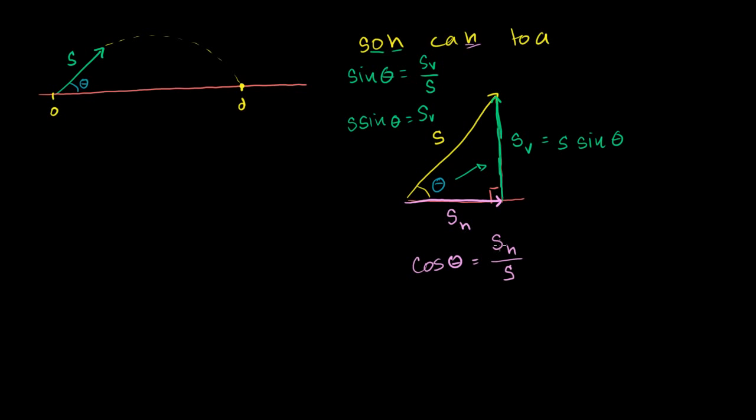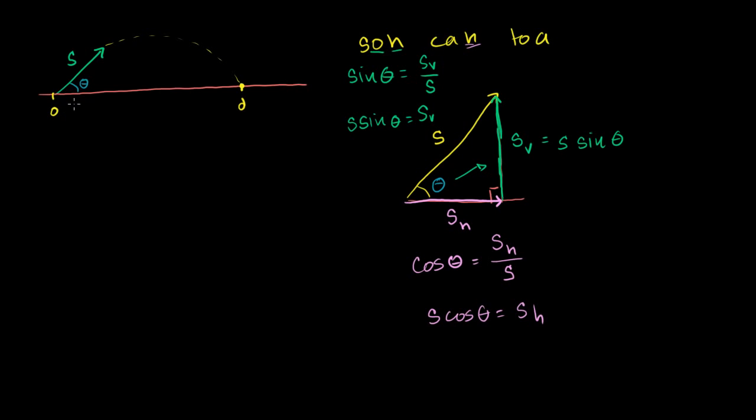So if we want to solve for the magnitude of the horizontal component, we just multiply both sides times s. And you get s cosine of theta is equal to the horizontal component.